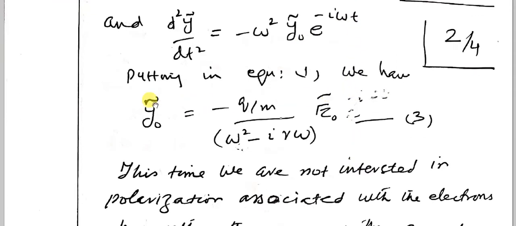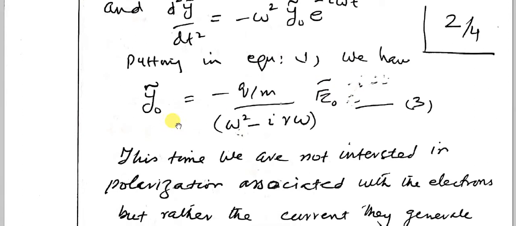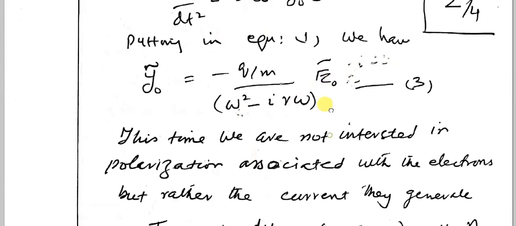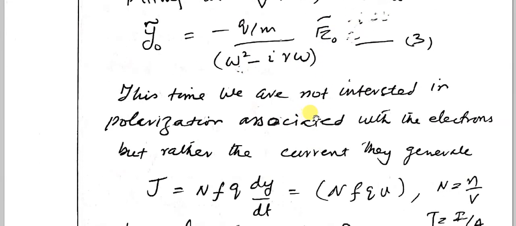Putting these values in equation number 1, the amplitude y naught is given by minus q by m, omega square minus i gamma omega, times e naught. This is equation number 3.